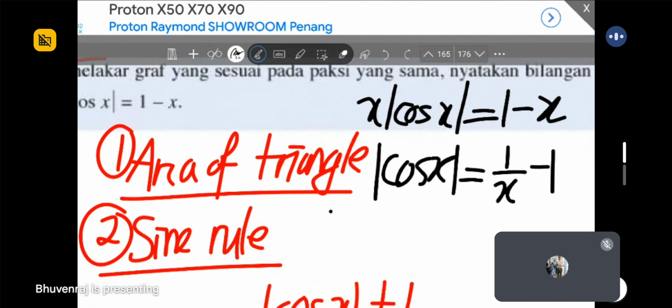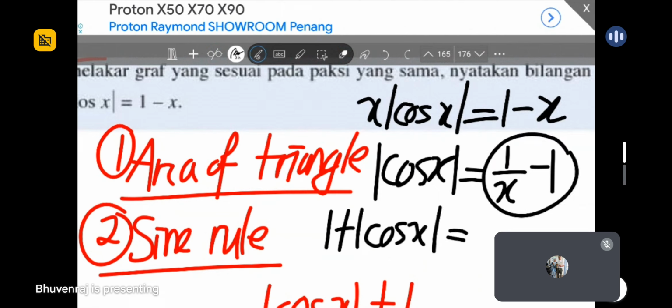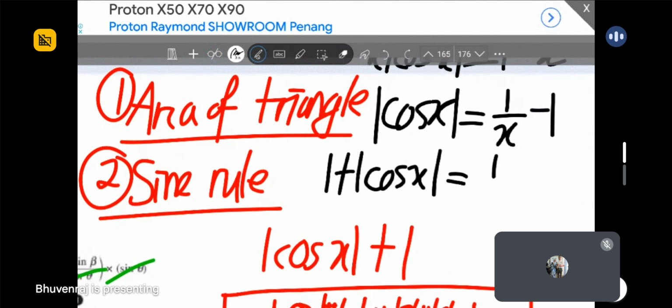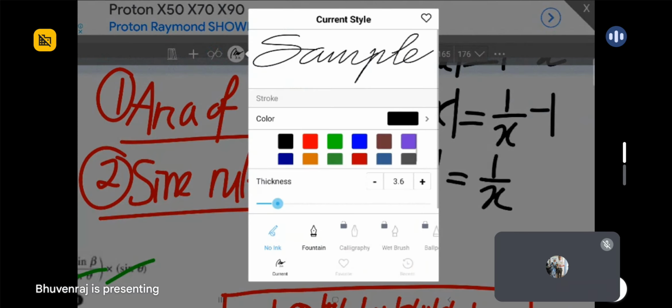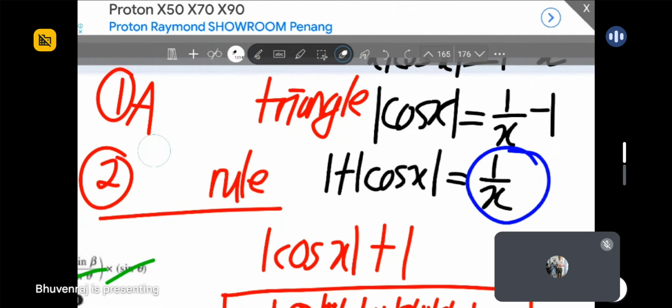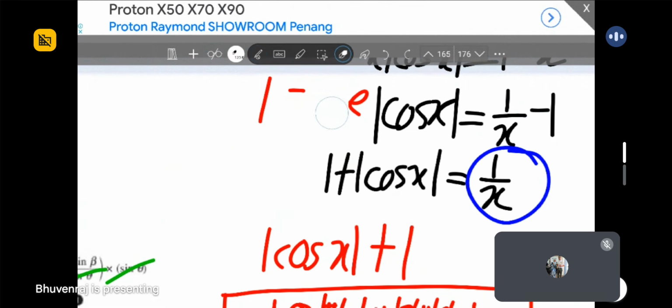So you will get 1 plus modulus cos x equal to, this side also plus 1. Tambah 1. So you will get 1 over x. That's all. So guys, what is the graph I need to draw now? Kena lukis apa? Okay, kena lukis yang ni lah. You must draw this equation. So this equation is actually y equal to 1 over x.